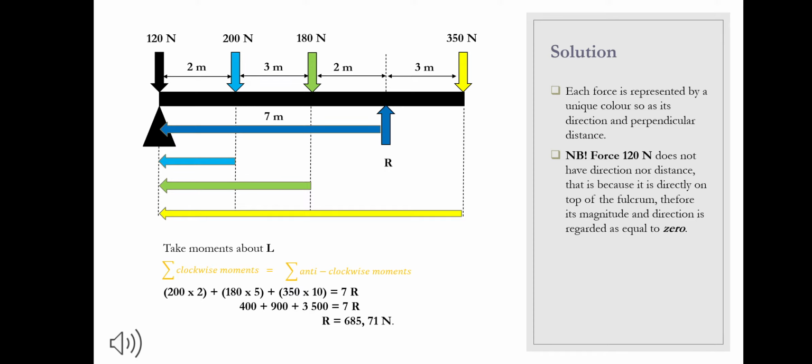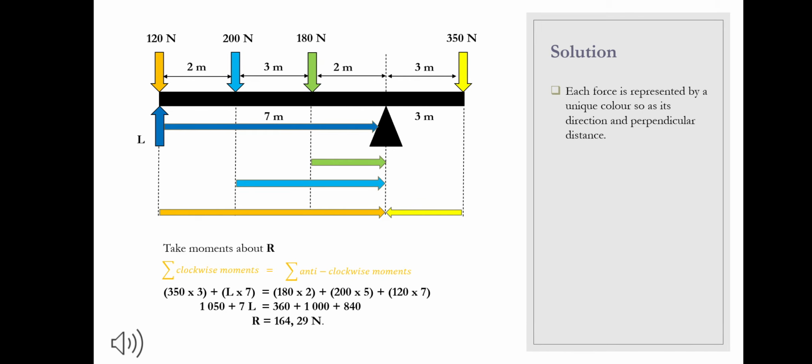Look at the second last force, which is the reaction. Its perpendicular distance is 7 meters to the fulcrum, and when this force is to be pushed upwards, the beam will rotate in an anti-clockwise direction. The last force is 350 newtons with a perpendicular distance of 10 meters to the fulcrum, and if this force is to be pushed downwards, the beam will rotate in a clockwise direction.